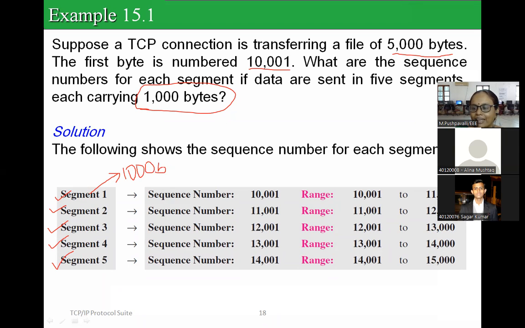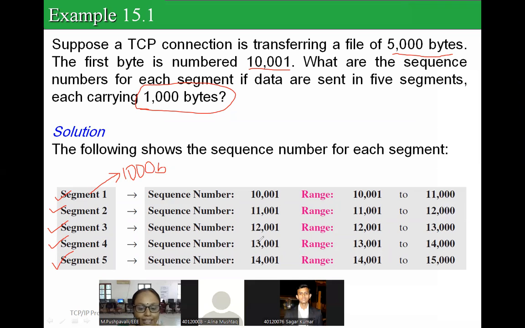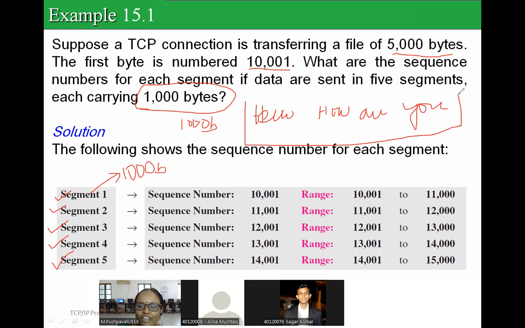So when you see my sequence number, how it is sending, I told you the best example. Hello, how are you? This is my message. Assume this is a 1,000 byte message. So this is my single segment. Here it will give the number.